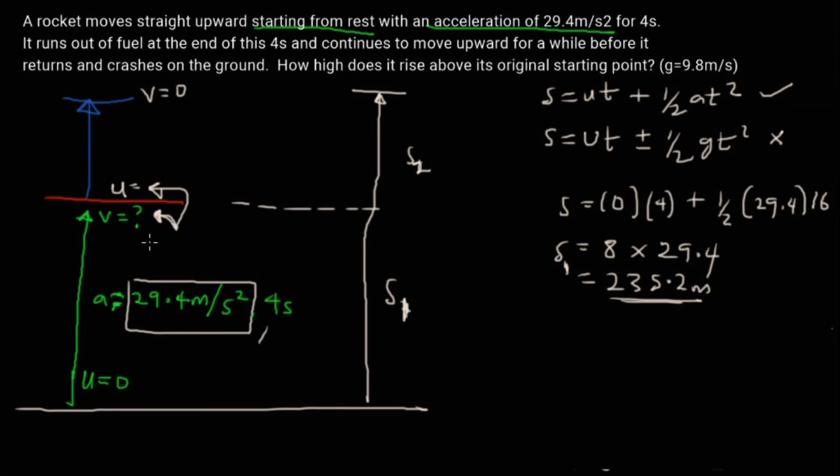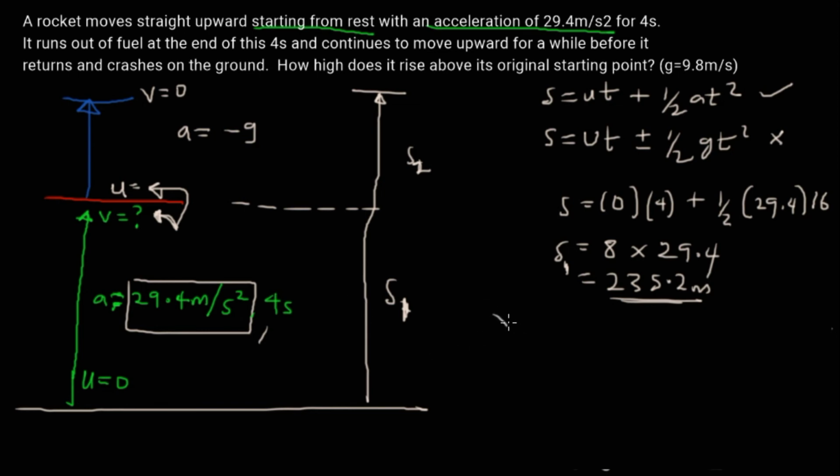Because it runs out of fuel, the next movement is now due to gravity, and it has to be negative gravity. So the object is no more moving at this acceleration, it's now moving due to gravity, and the initial velocity of that object is the final velocity when it has fuel in it. So let's find the final velocity when it has fuel inside.